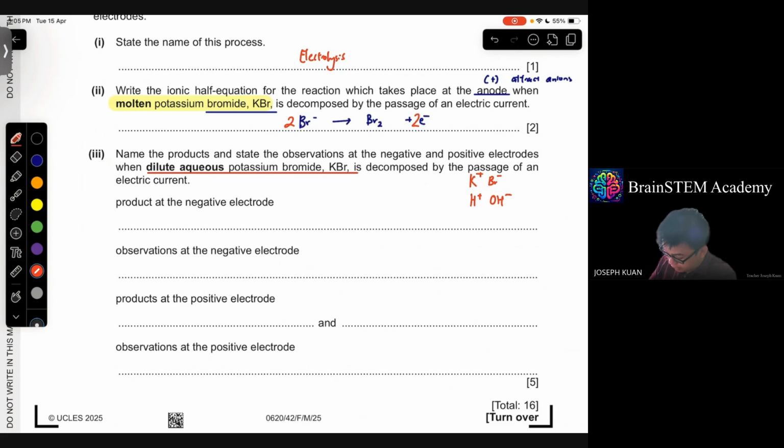So the product at the negative electrode, also known as the cathode, will be hydrogen, as it is lower in the reactivity series compared to potassium. It has a lower reactivity than potassium, so it's preferentially discharged at the cathode.